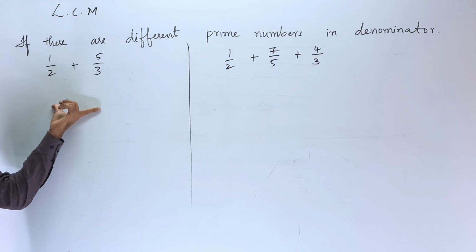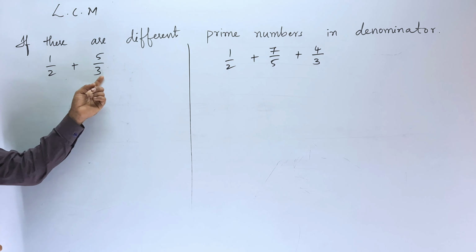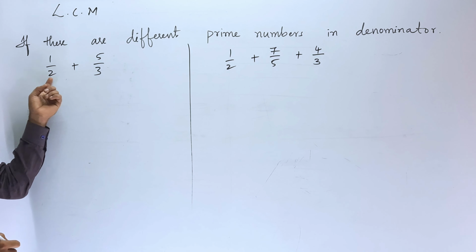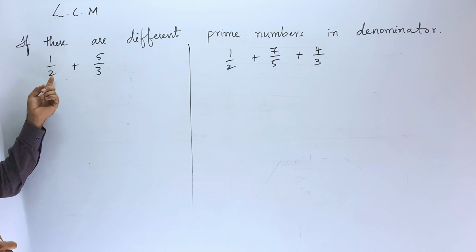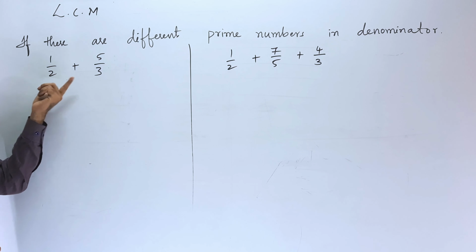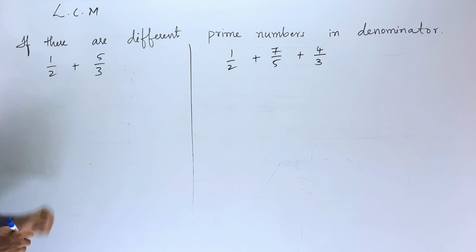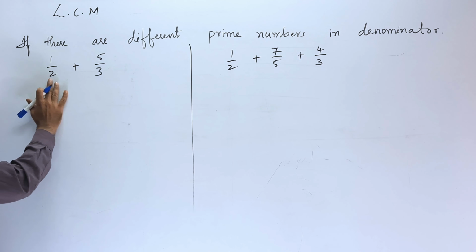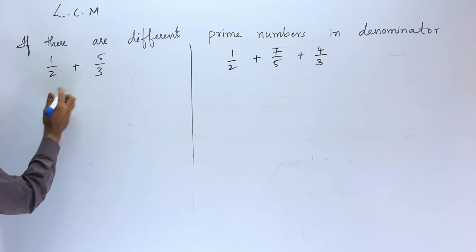So how we are going to solve this? 2 and 3 both are prime numbers, but they are totally different, and 2 is not the multiple of 3 and 3 is not the multiple of 2. So we have to directly multiply for finding the LCM. So the LCM will be 6 for this.